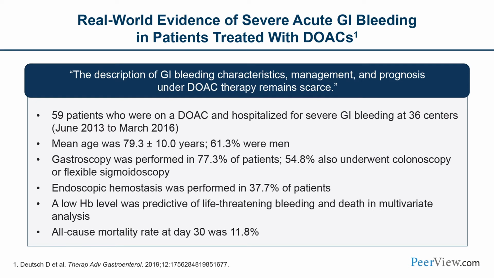Going over some of the real world evidence for DOAC-related acute GI bleeding and making the underlying point that few of these patients actually need a reversal agent. Most can be taken care of with hemostatic control through endoscopy. Many can be just watch and wait patients because the DOAC half-lives are so much shorter than warfarin.